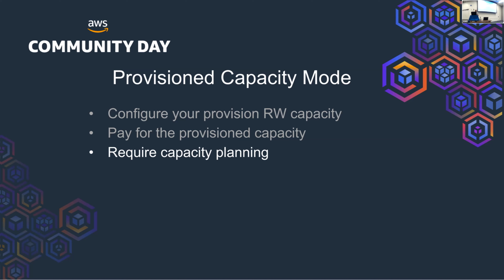And that is something that gets better with auto scaling. So you can use auto scaling with provision mode. So you can say that, my minimum capacity limit is this, and my max is that, and my utilization ratio is this much.